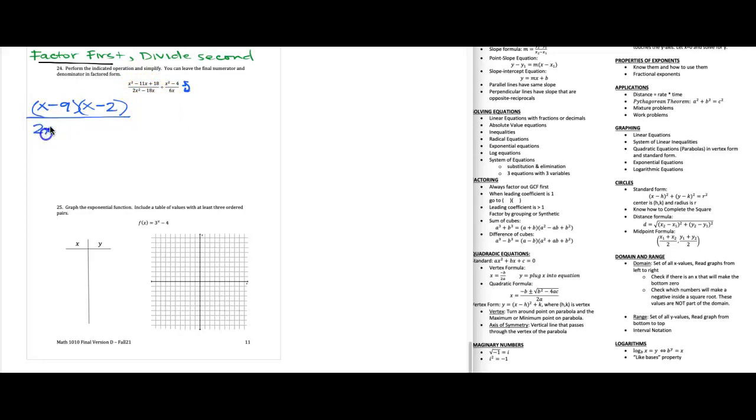So 2x comes out, leaving x minus 9. Over here, that 6x is going to be on the top. On the bottom, I need to factor this difference of squares, which factors to x plus 2 times x minus 2. So factor everything first here.